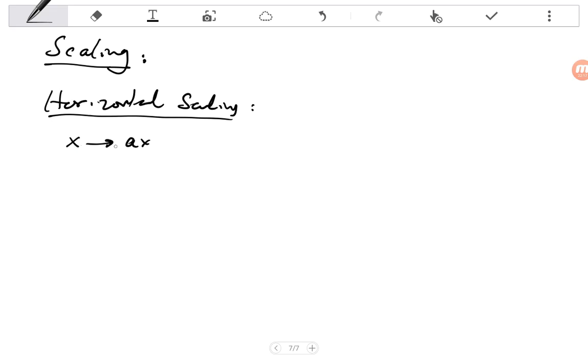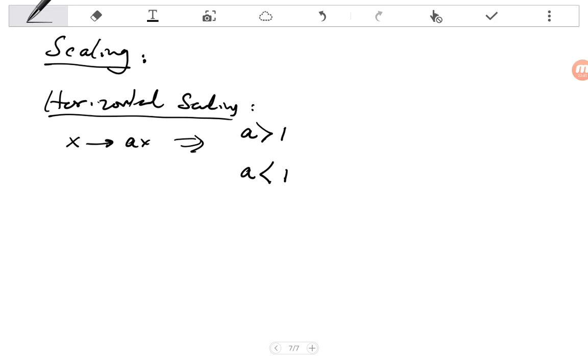If x is replaced with ax, what does that mean? Graphically, it depends on the value of a. So, if I have a greater than 1, and if I have a less than 1.